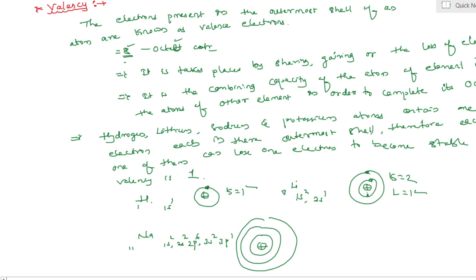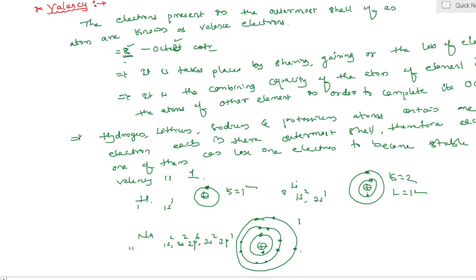In the K cell 2 electrons, L cell 8, and in the M cell, 1 electron.